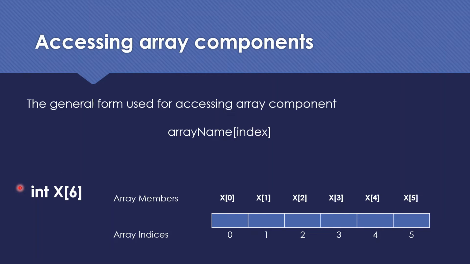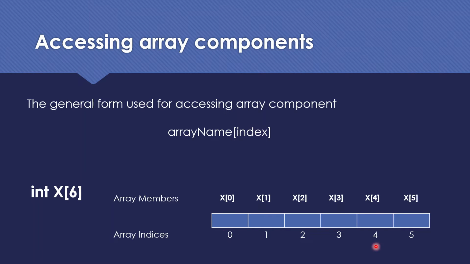This is the declaration of array x, int x[6]. This diagram depicts this array. It has 6 slots, that means 6 positions, but the indices end with 5, not 6. But why is that? The reason is that array indices start with 0, meaning x[0] is the first element stored at index 0.